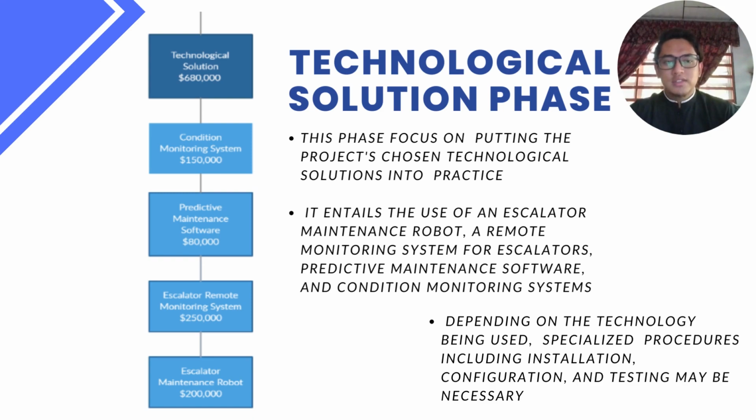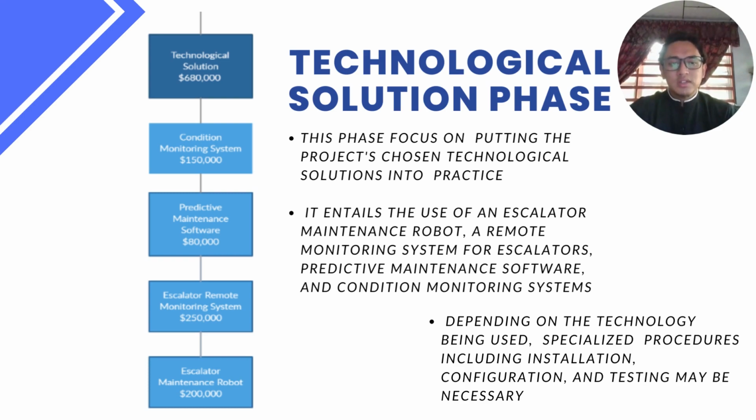The second phase is the technological solution phase. This phase consists of condition monitoring system, predictive maintenance software, escalator remote monitoring system, and escalator maintenance robot. This phase focuses on putting the project's chosen technological solution into practice.